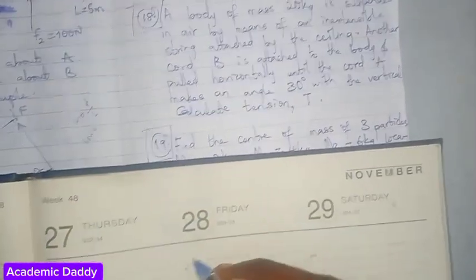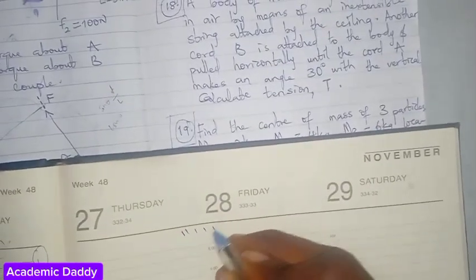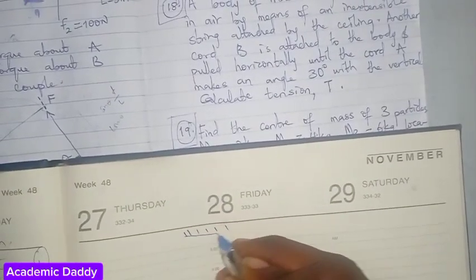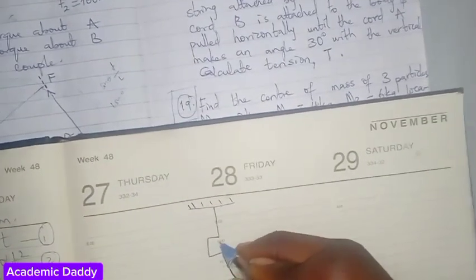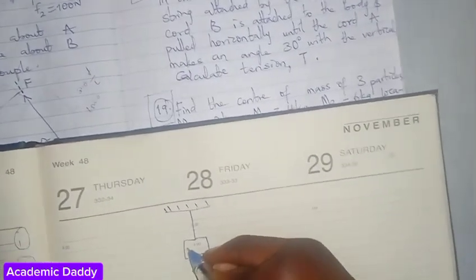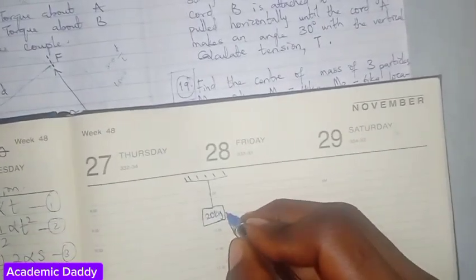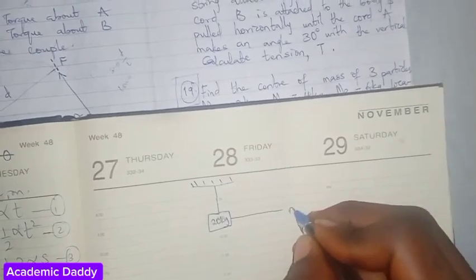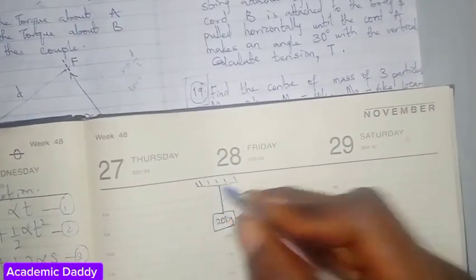They said there is a cord, a string that is attached to the ceiling, and there is a body of 20 kg. This 20 kg body is pulled by another cord B until this cord here makes an angle of 30 degrees.